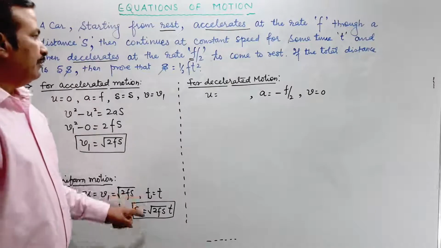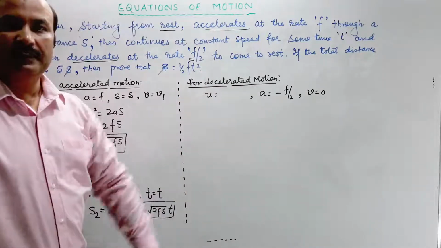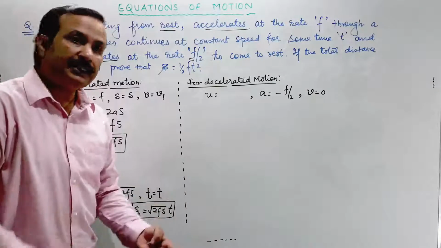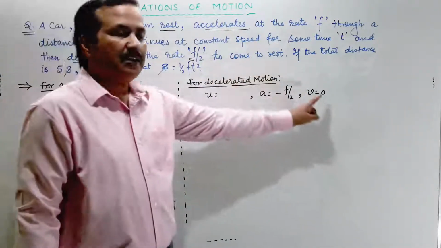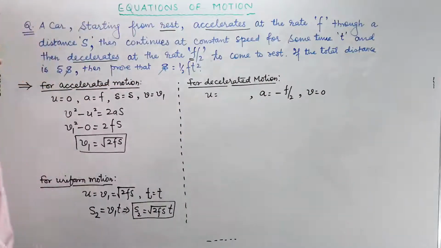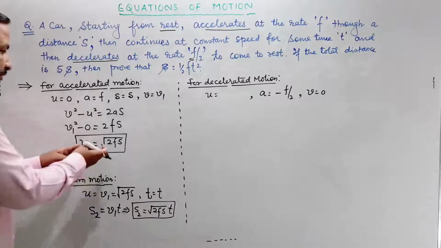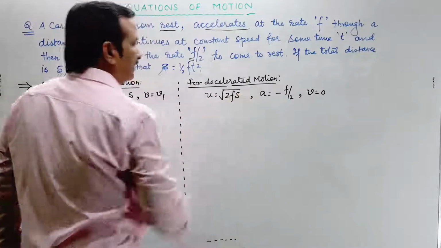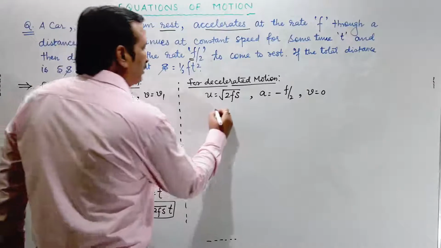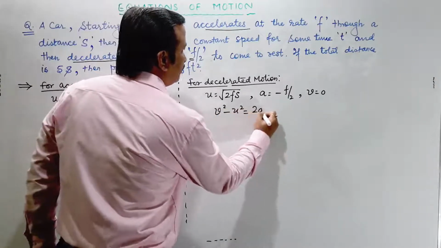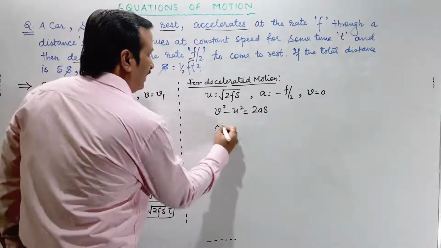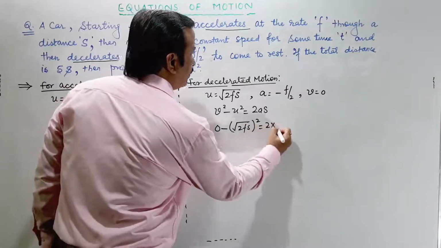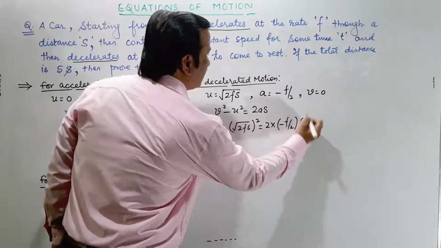Now we find what happens when it is decelerated, that is at the rate of f by 2. Deceleration means acceleration is decreasing, so minus sign. It comes to rest, so final velocity is 0. Initial velocity u is the velocity we finally got, since it continues from that, so under root 2fs. Now we use the third equation again: v square minus u square is equal to 2as. Substituting, 0 minus u square, that is 2fs, equal to 2 into minus f by 2 into distance, suppose s3.